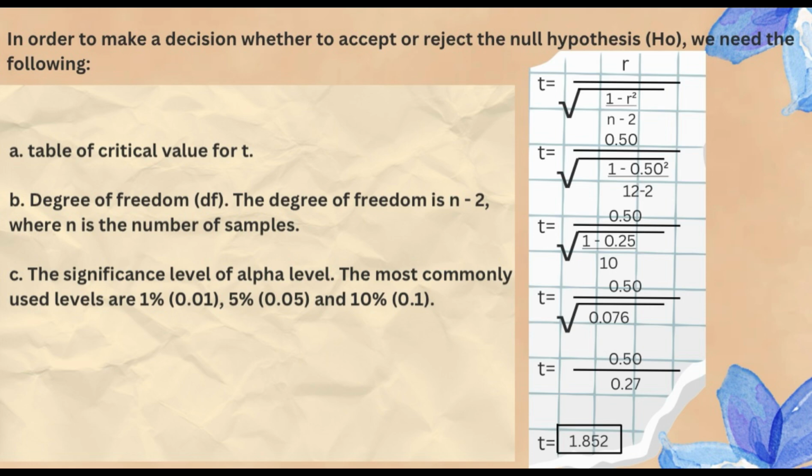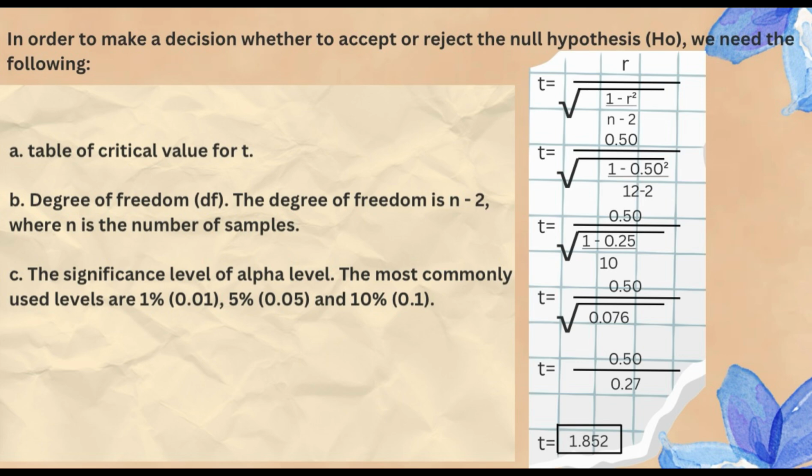To decide whether to accept or reject the null hypothesis, we consider the following. First is the critical value from the t-table. Second is the degree of freedom, which is equal to the number of samples minus 2. And third is the level of significance, which is commonly set at 1%, 5%, or 10%. After performing the computation, the computed t-value is 1.852.